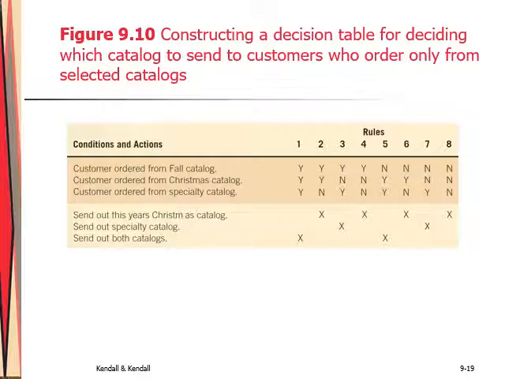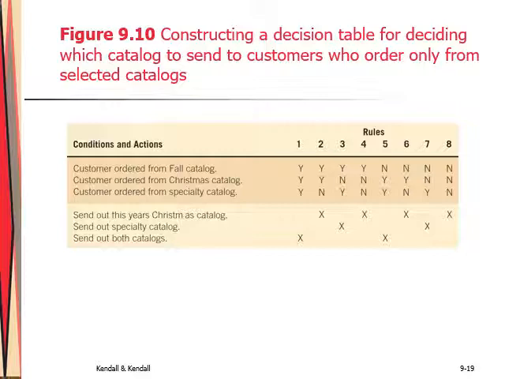This is an example of constructing a decision table for deciding which catalog to send to customers who order only from a selected catalog. There are some conditions and actions, and some rules. There are 8 rules for customers who order from the fall catalog. Then there are rules if the customer orders from the Christmas catalog, and rules if the customer orders from the special catalog.